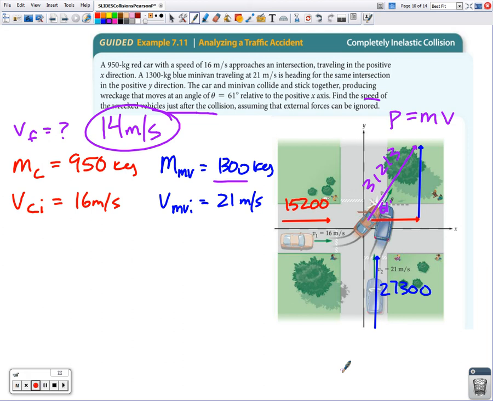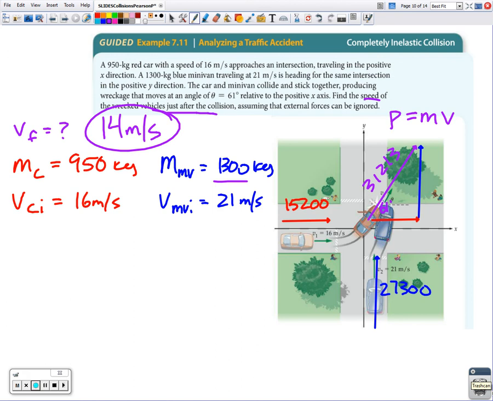Closer to the y-axis. And knowing that momentum is conserved here, which axis starts with more momentum before the collision? The y-axis starts with more momentum before the collision, because we're dealing with a heavier object going faster. So does it make sense that the final momentum is closer to the y-axis than to the x-axis in this problem? Because we've got to conserve, we've got to keep it the same.